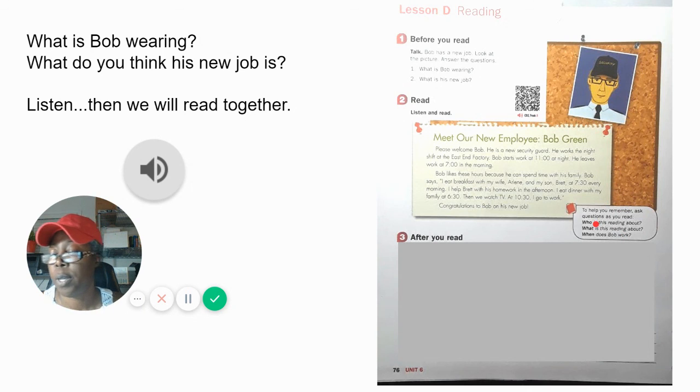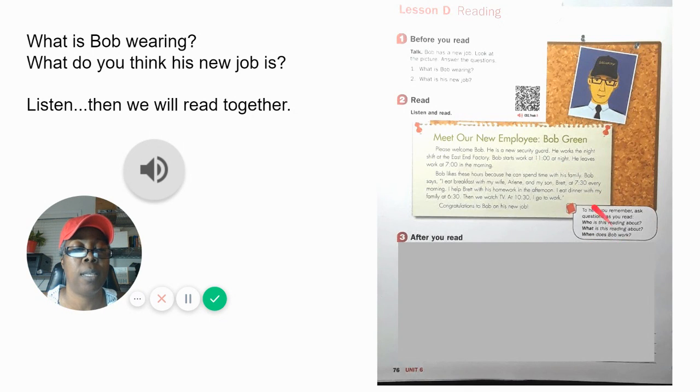So who? We know that this reading is about Bob Green. That's the who. Okay? What is this reading about? Well, we are talking about Bob being a new employee, which means that Bob has a new job. Okay, so this reading is about Bob's new job.